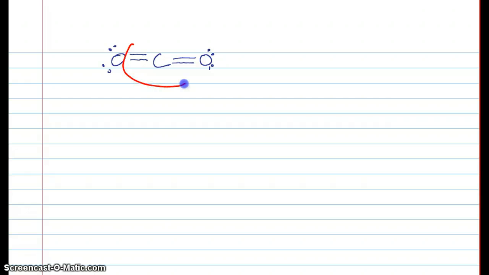The carbon has 2, 4, 6, 8 electrons. So the carbon is happy. This means we now have the correct Lewis structure.